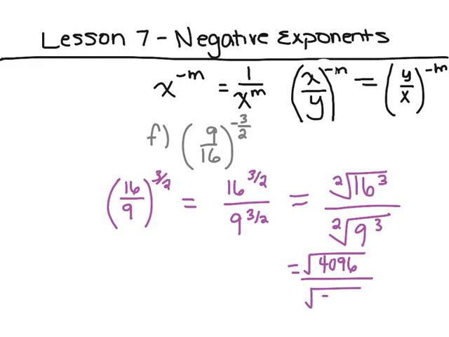Type that all into your calculator to get those numbers. And the square root of 4,096 is 64, and the square root of 729 is 27. So there it is in simplest terms.